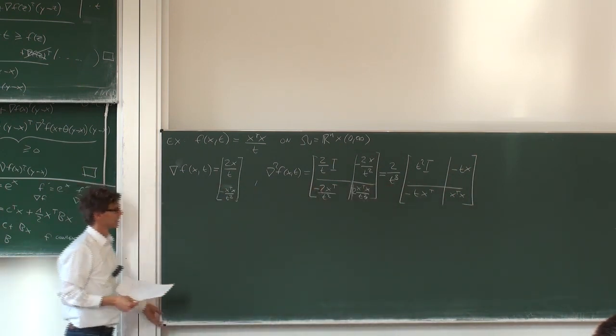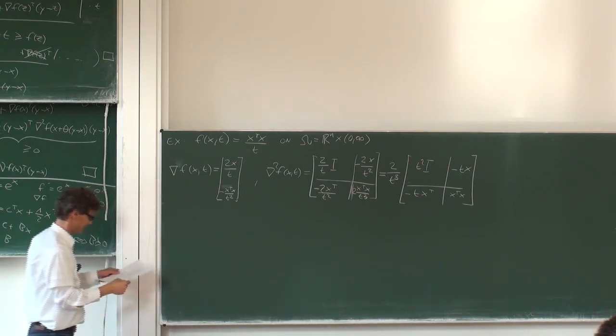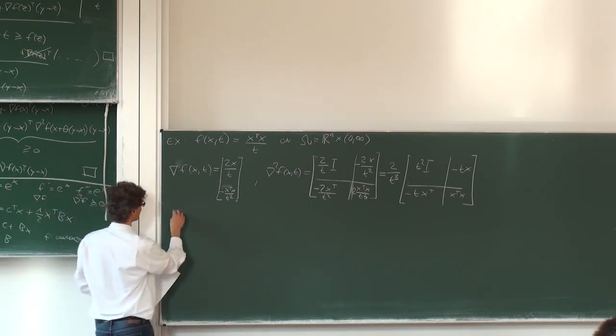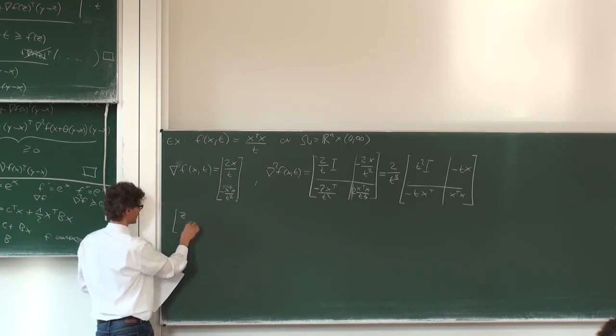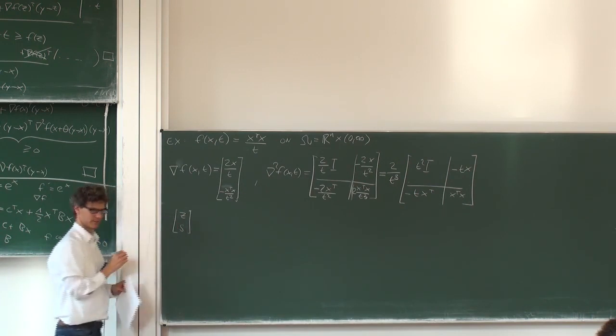And what we need to check is now what happens if we multiply this thing with a vector from the left and from the right. The vector I take here consists of a vector-valued component that I call z, and the scalar component I call s.